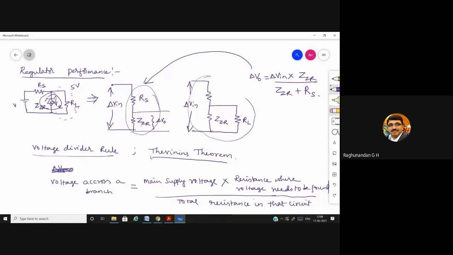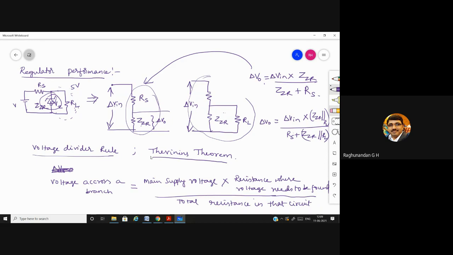Now when you are going to apply the same equation to this circuit, what is the change that you can observe? What is the change that has happened here? RL is parallel to ZZR, right? The only change you need to make in the same formula is, instead of considering only ZZR, since RL is also parallel, you need to take ZZR parallel to RL divided by RS plus ZZR parallel RL.